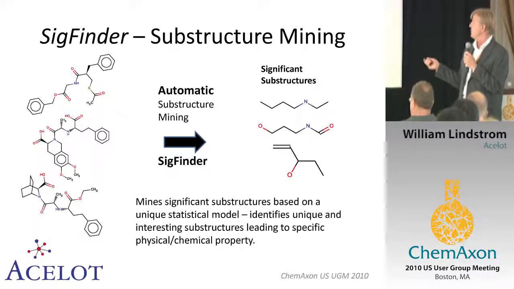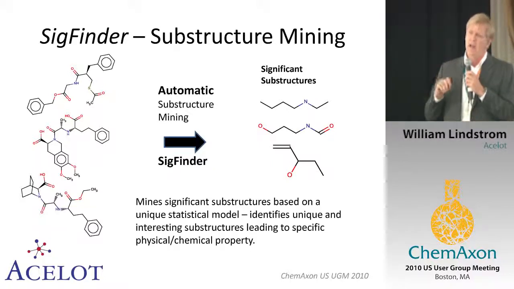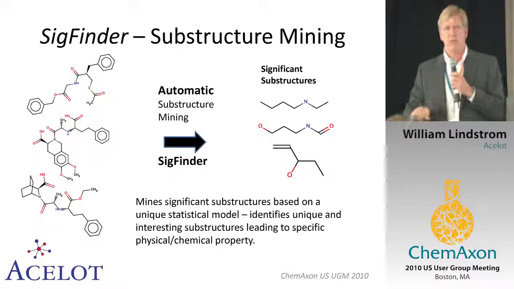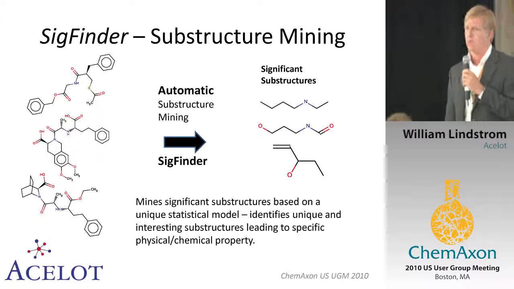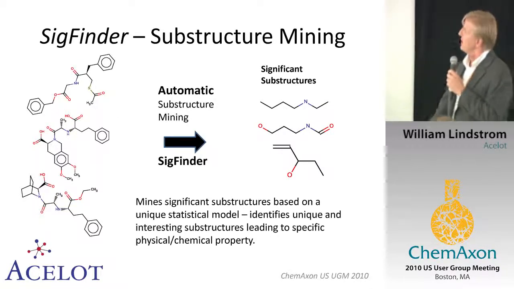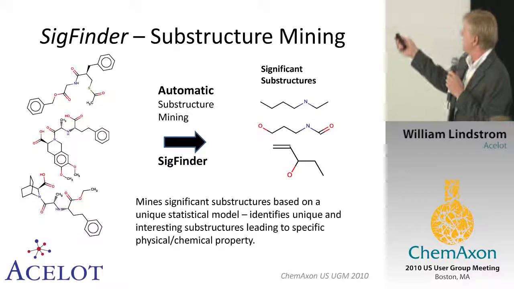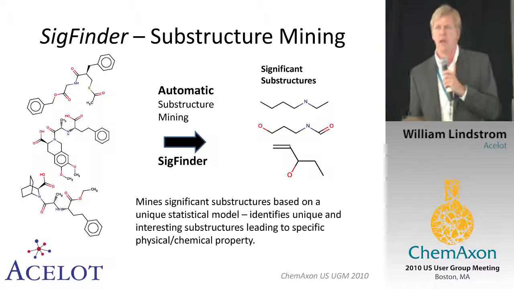And we've developed a statistical model that will identify overrepresented and underrepresented functional groups in a chemical library versus a background library. So this is just illustrating the types of significant substructures that we'll get out of a query.